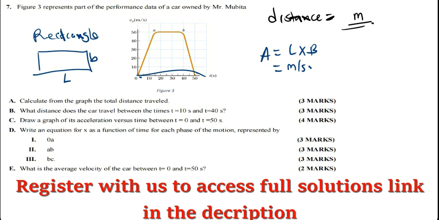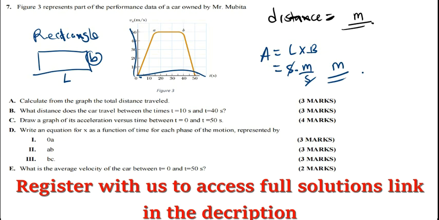Let me do this: I'll put length as the seconds, then breadth to be meters per second. Meters per second is basically the same as m divided by s. So s and s can go, and I'll remain with just m.